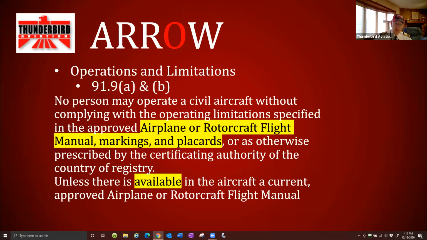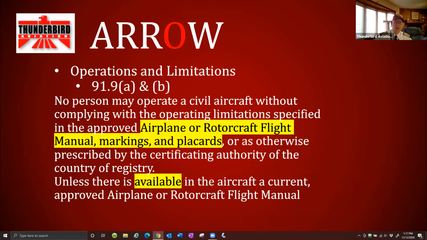So it's got to have, not the exact tail number on it, but at least the same series of serial numbers that correspond to what your airplane is. We have all sorts of different kinds of books at Thunderbird Aviation because our Piper aircraft have been built through many, many different years.